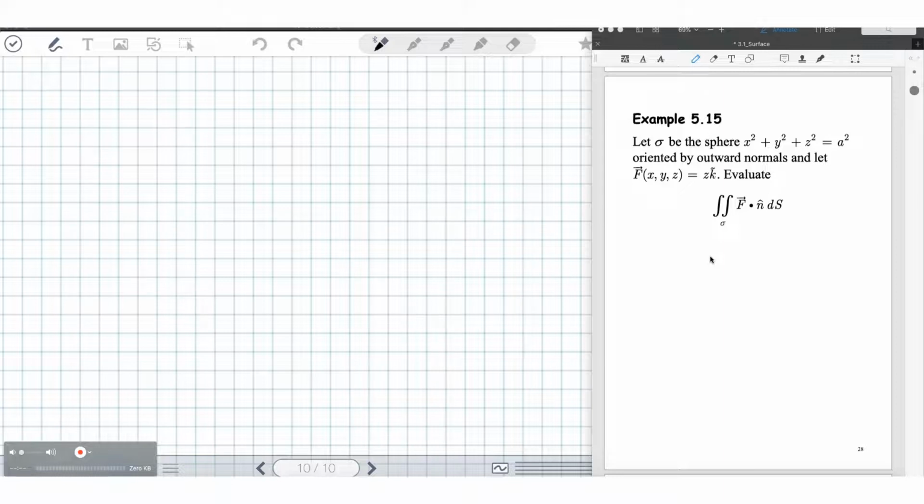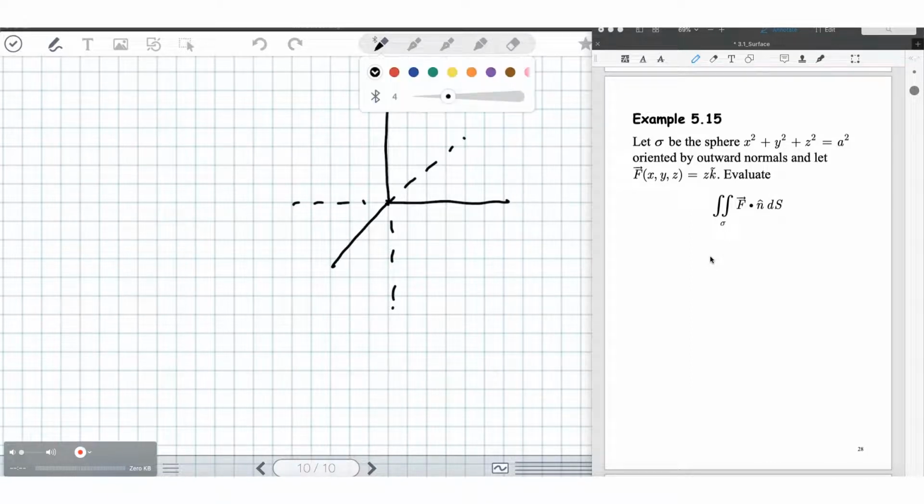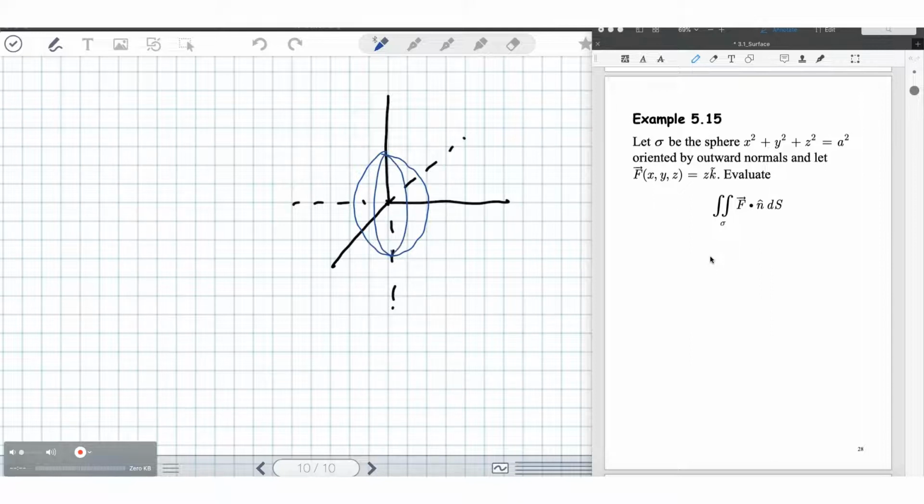So imagine you have a sphere with radius a, with axes X, Y, Z.